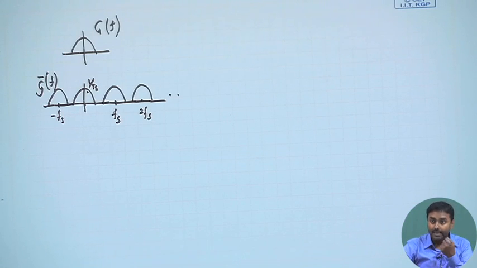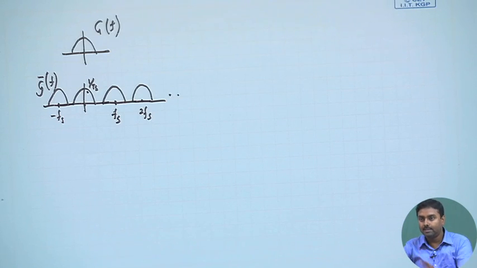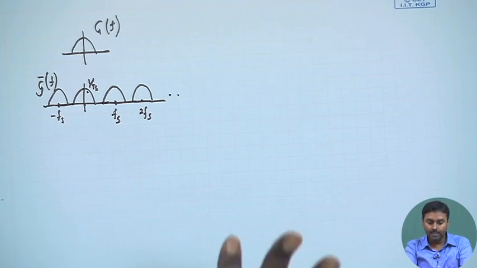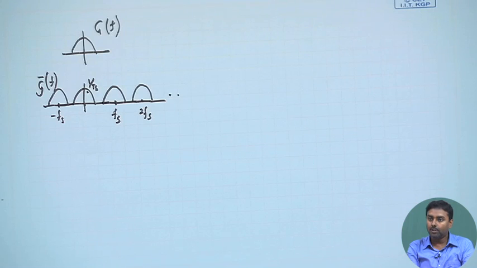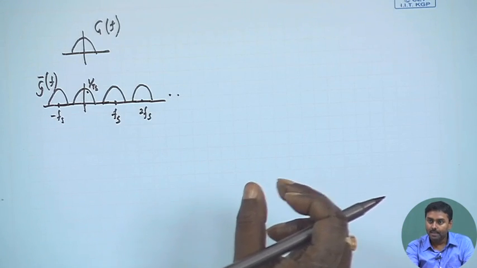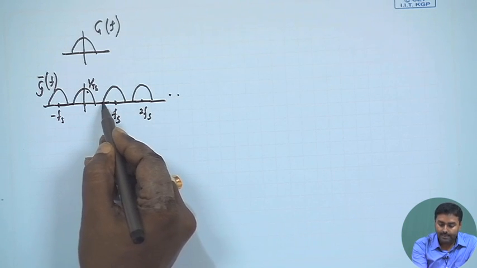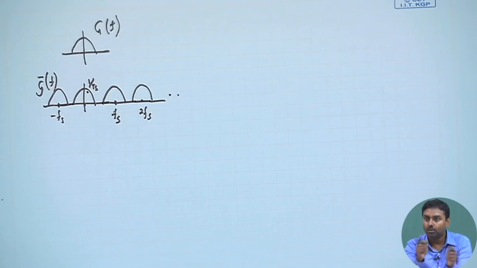Now, if I wish to keep the signal intact, that means after doing this I can still reconstruct the signal. How, in the frequency domain, can I reconstruct this signal? Whenever I am shifting this, if fs is chosen carefully so that this and this are separated, they are not overlapping.